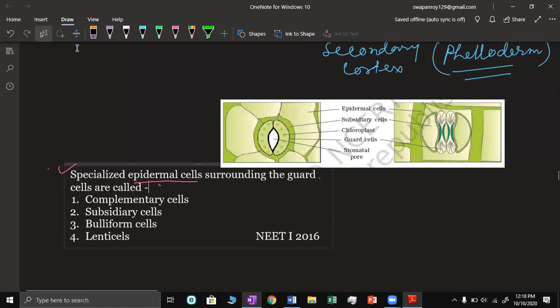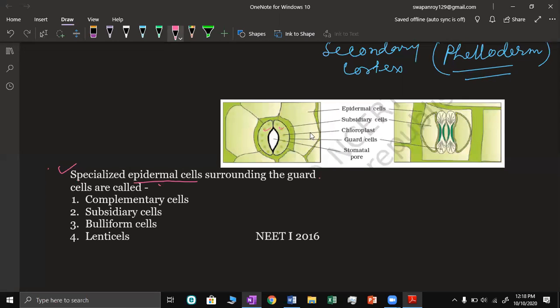Around the guard cell. These two are the guard cells, and around the guard cell, see here, one, two, three, four. Four epidermal cells are there.